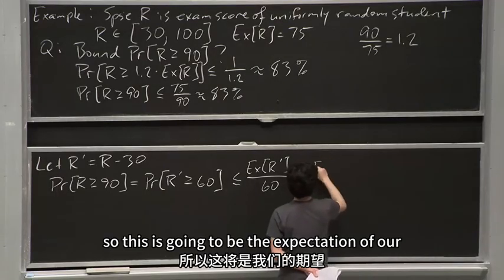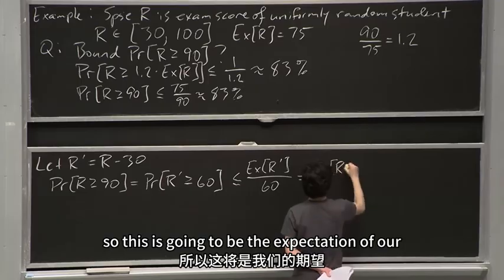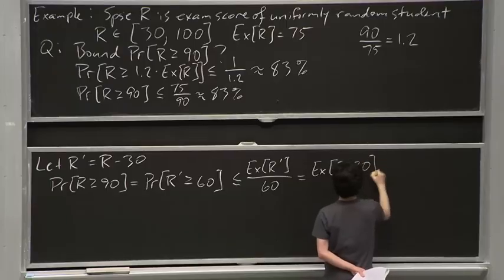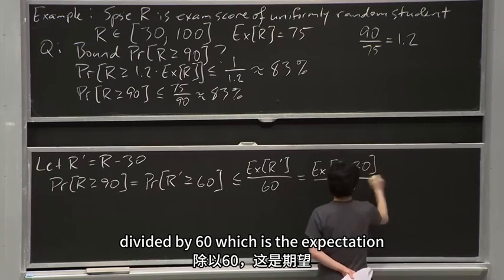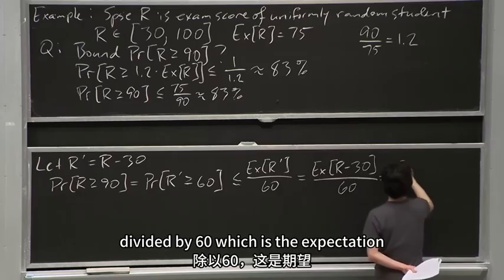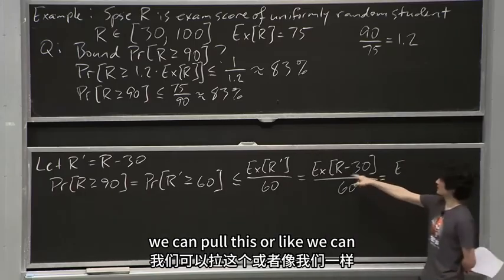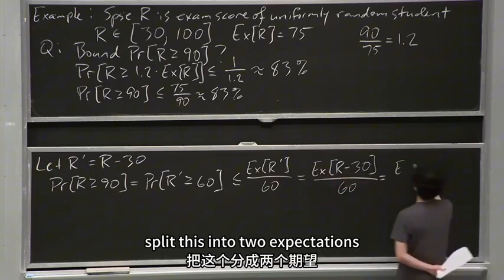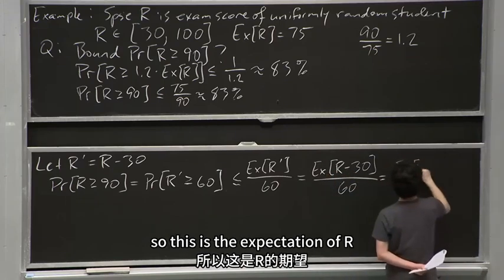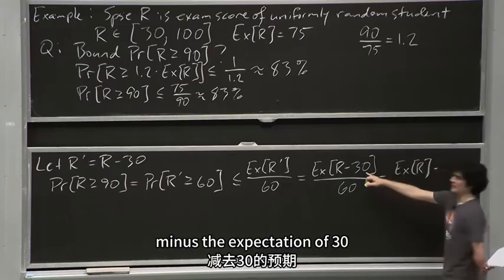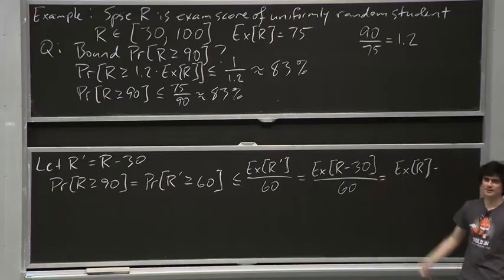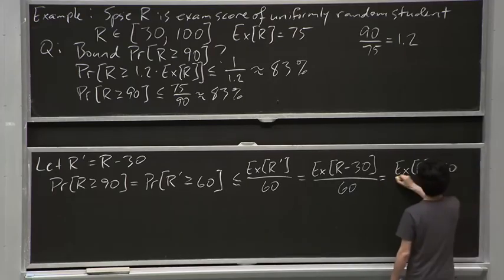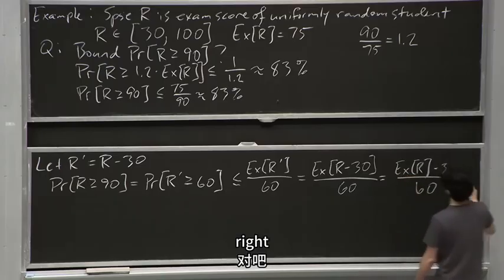So this is going to be the expectation of R minus 30, divided by 60. By linearity of expectation, we can split this into two expectations: the expectation of R minus the expectation of 30. There's not really any randomness involved there. It's just 30 over 60, right?